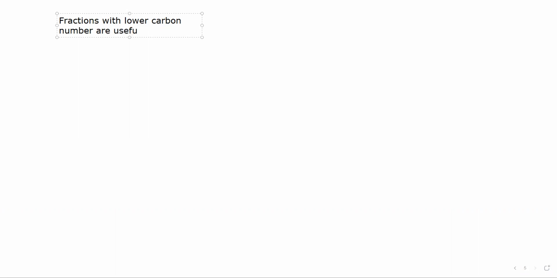So what we want is a smaller carbon number.